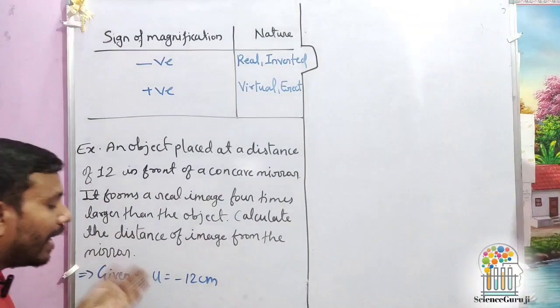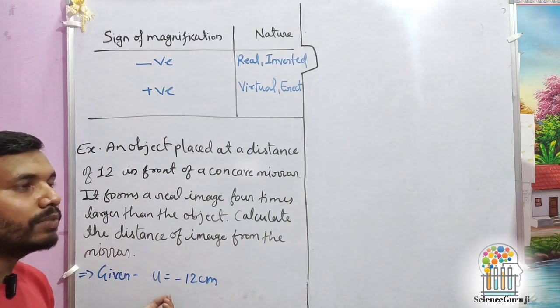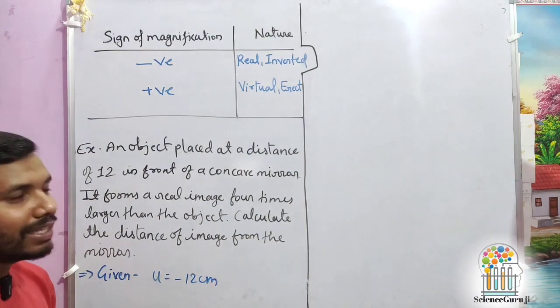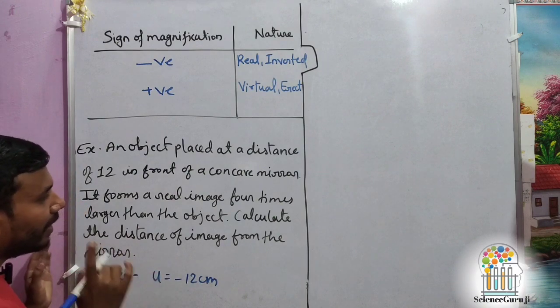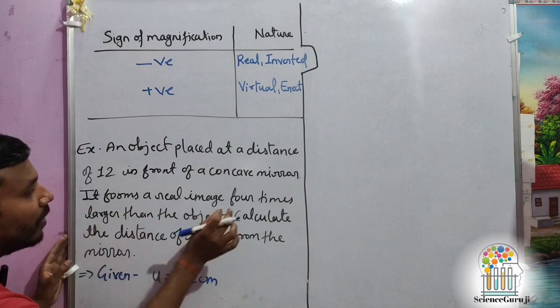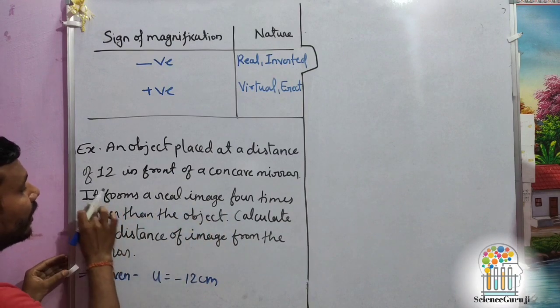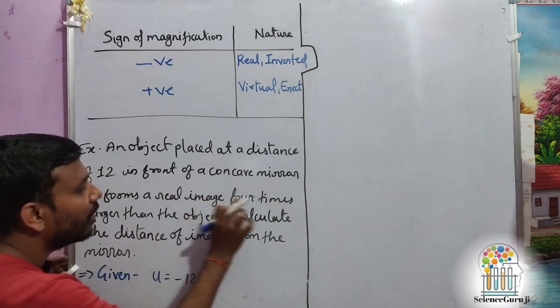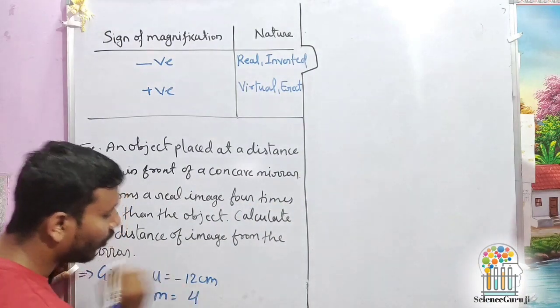Again I am repeating, the negative sign is used because the object is always kept on the left side. Next, what we have given is the magnification: it forms a real image 4 times, so m is equal to 4.